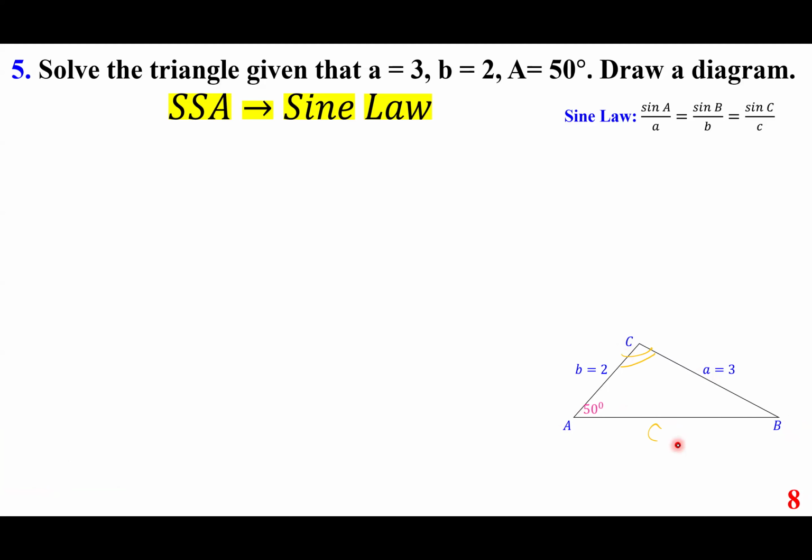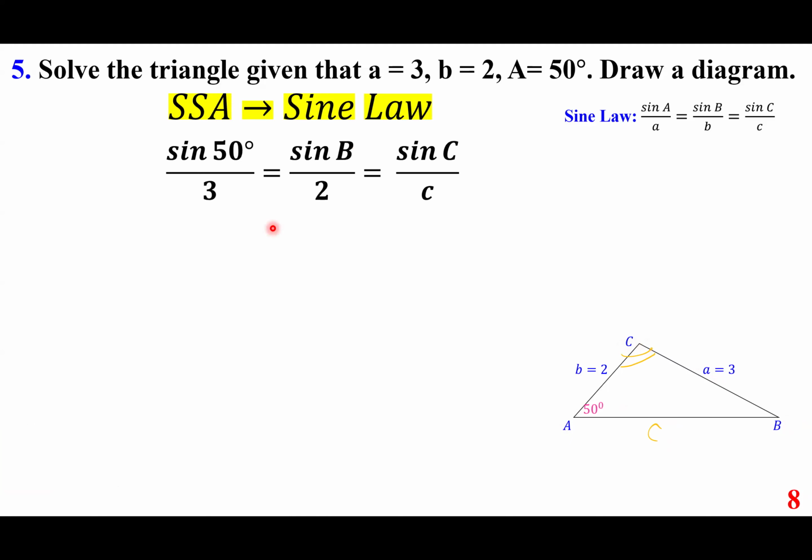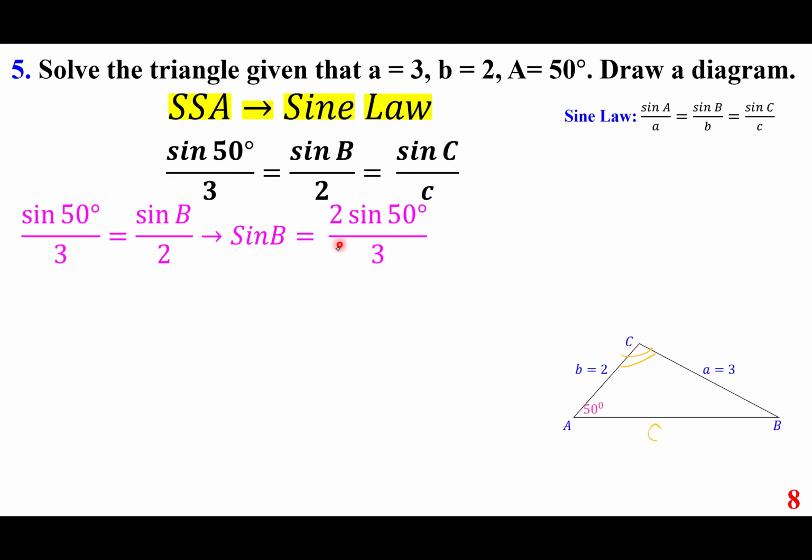It's hard to distinguish between these two. So if we put the first two together, sine B, the cross product results in 2 sine 50 over 3.